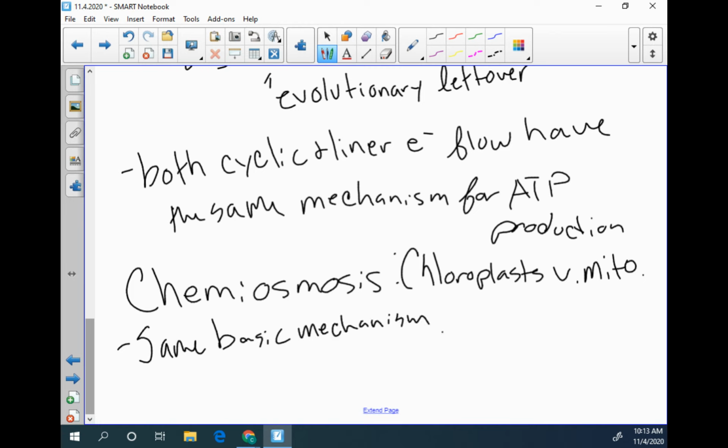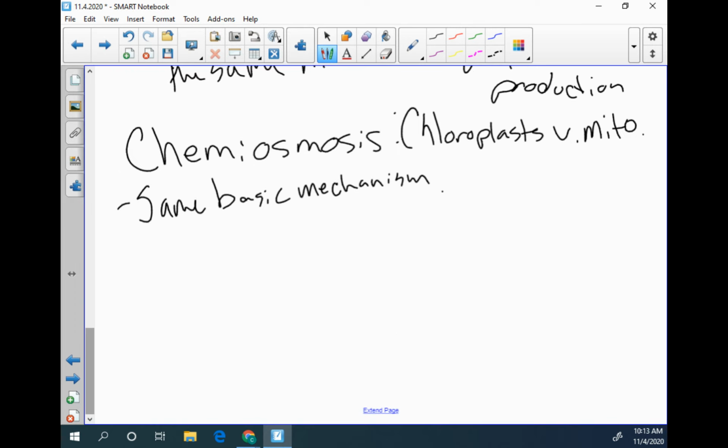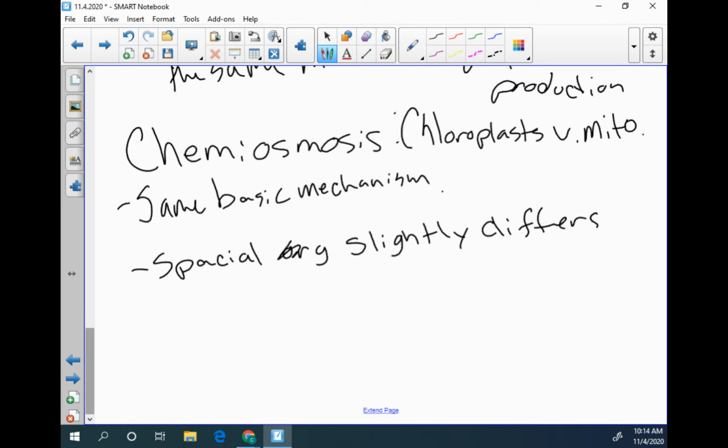Both use ATP synthase to create ATP by allowing hydrogen ions to flow with their concentration gradient. But the spatial organization slightly differs. I realized I used org for organism and organization. We're not going to do that.